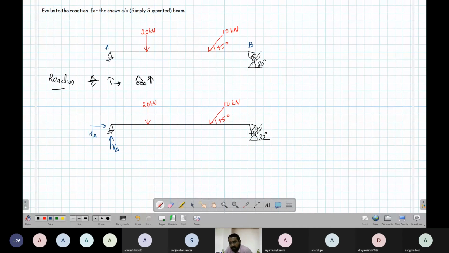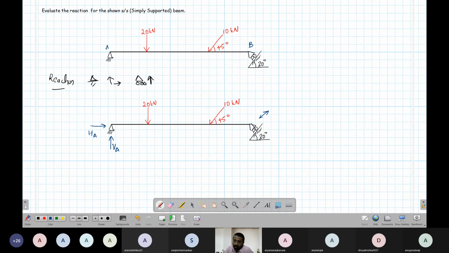And what is the nature of reaction here? If you imagine this support is supporting, it can freely move in this direction. Okay, roller, so it can move in this inclined plane. It can move freely like this. But vertical direction it cannot move. Perpendicular to the plane it cannot move.